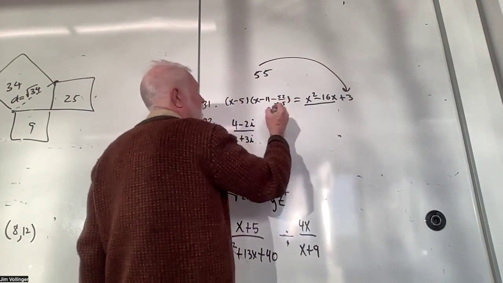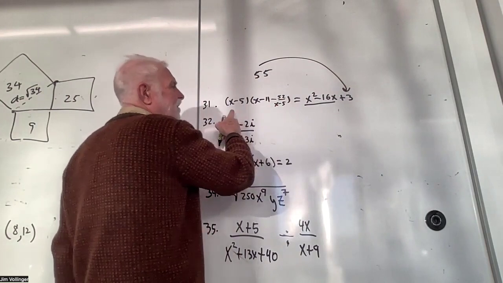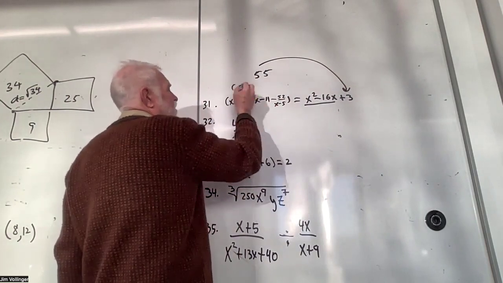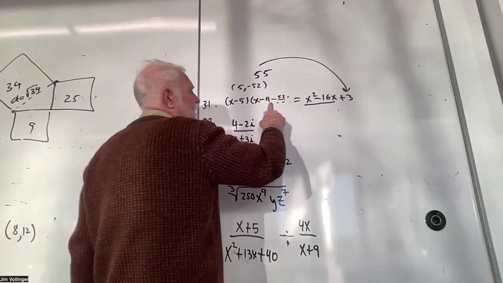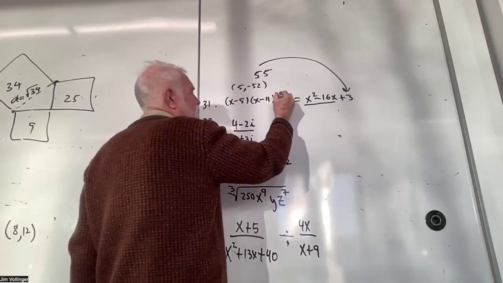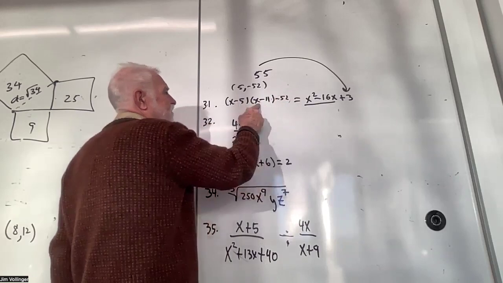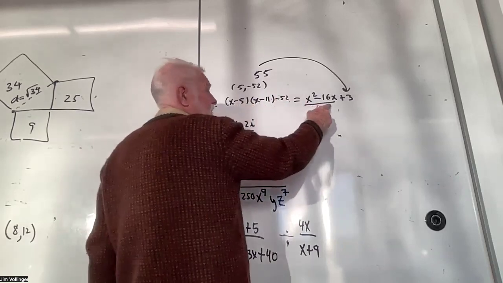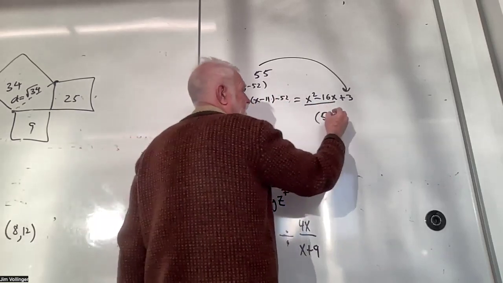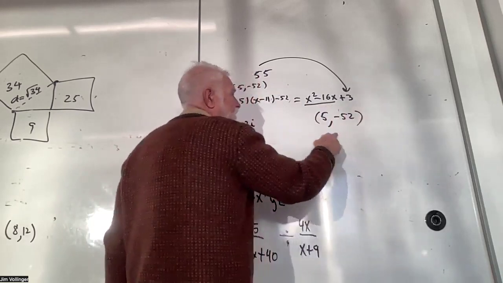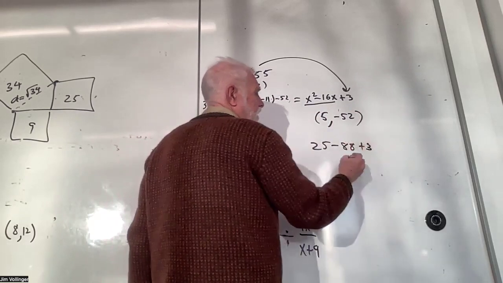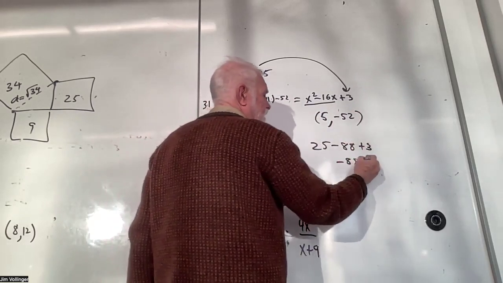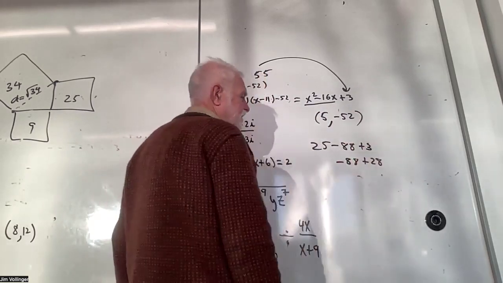X minus 5. How do you check it? You plug 5 in. And 5 will get you minus 52 on this side, especially if I put the minus 52 on the outside. 5 gets you minus 52. If this is the same calculation, a 5 has to get us minus 52. I'll do it very quickly. 25 minus 80 plus 3 is minus 88 plus 28. Did I make a mistake?